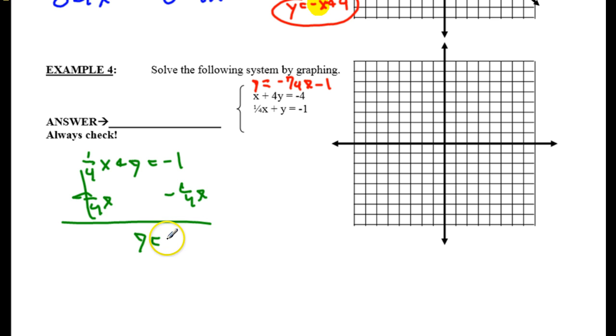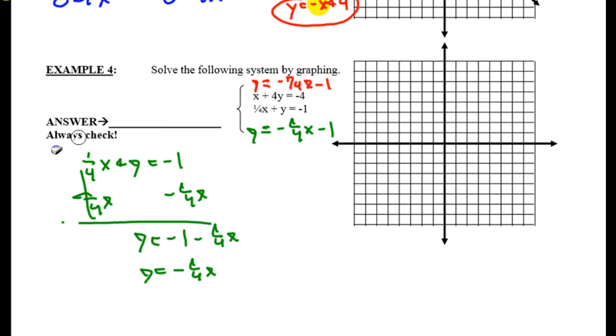We have negative 1 minus 1/4 x. Put your mx in front. Negative 1/4 x minus 1. So let's put that under here. Alright, it's a little messy. And y equals negative 1/4 x minus 1.